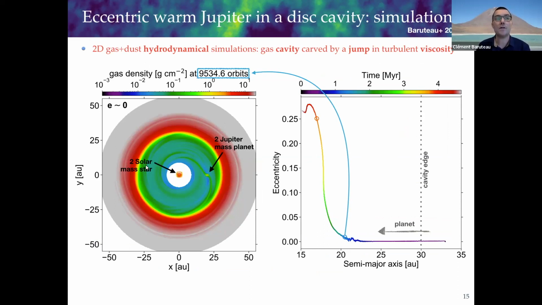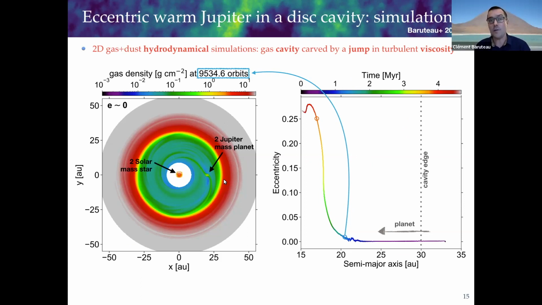The central star is a 2 solar mass star, and we assume that there's a 2 Jupiter mass planet that forms in the disk initially outside the cavity. The planet migrates inwards due to this planet interaction. The planet falls within the cavity, and then its eccentricity can rise, as I've explained to you just before.